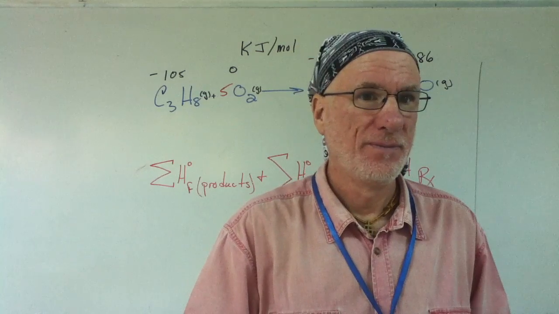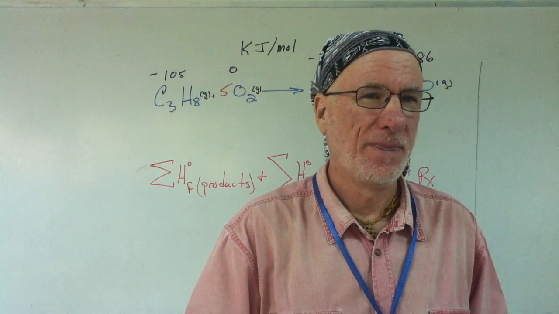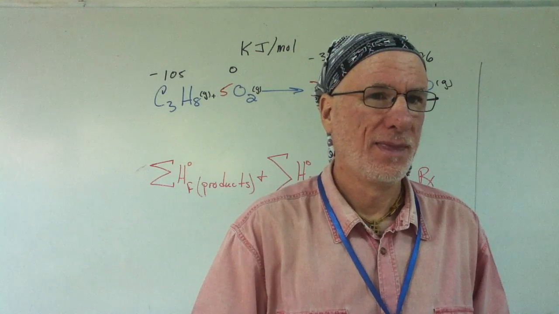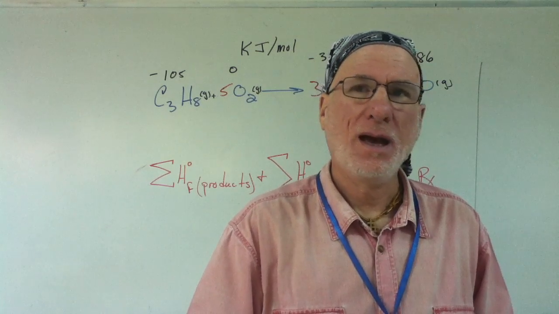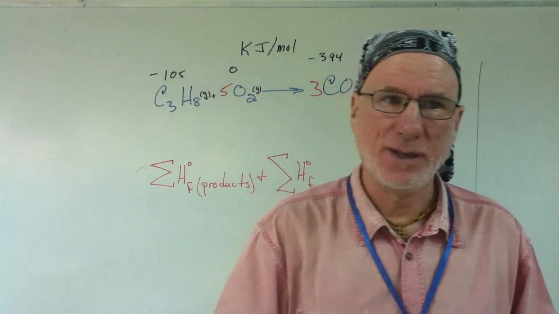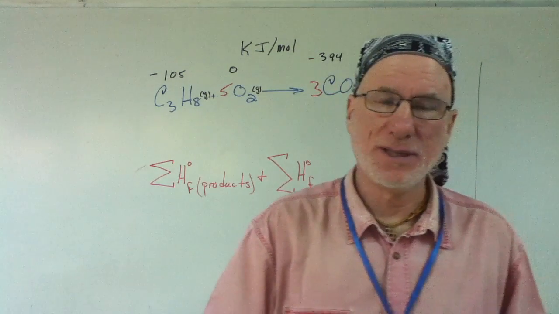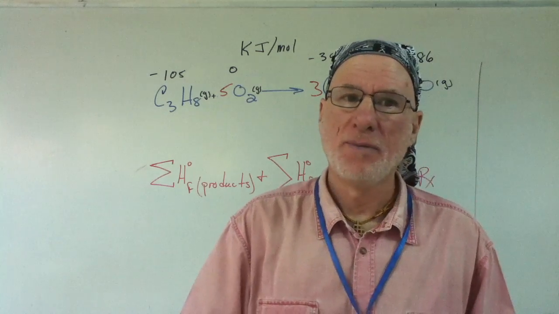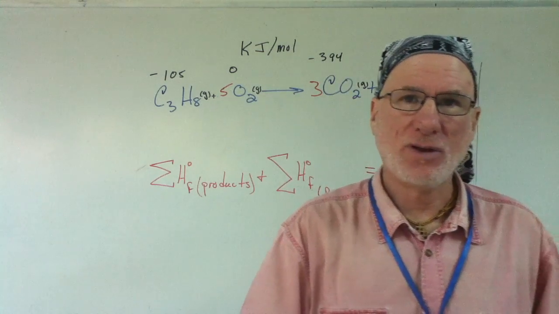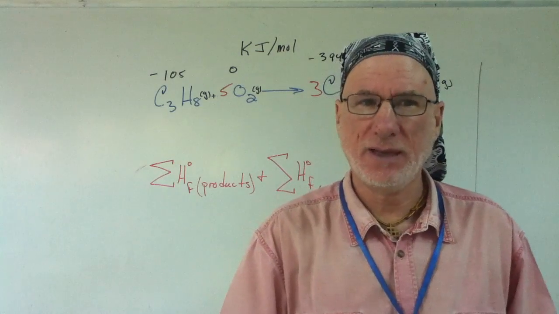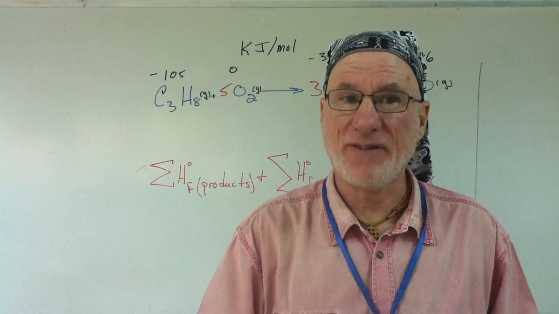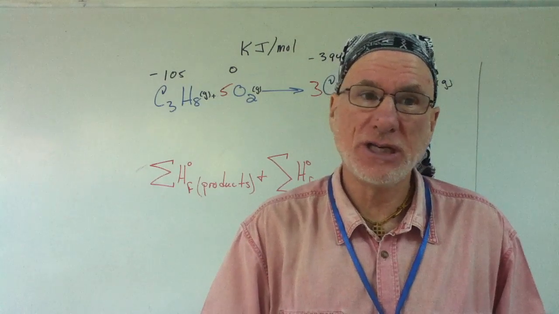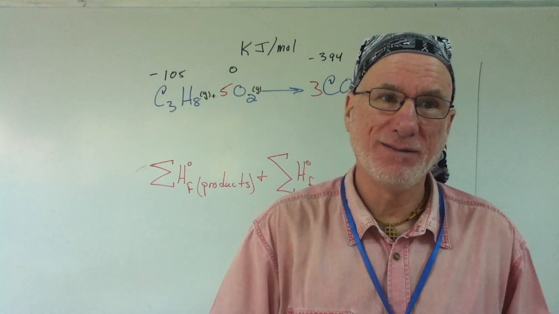Can you tell the stability of an element by a certain number? If it's below negative 100 or something, it's quite stable. Can you know the stability of a substance by looking solely at its enthalpy of formation? Possibly. You have to look at a few more sources. But yeah, you get a rough idea of its stability, because the more energy it gives off, the more energy you're going to have to put in.